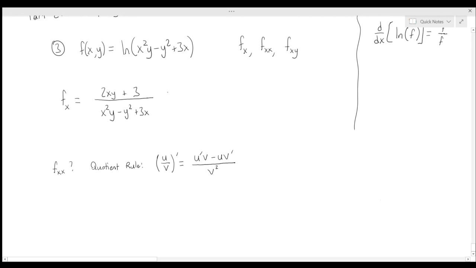My u is the numerator, my v is the denominator. For the derivatives, I'm going to do everything with respect to x because I'm looking for fxx. So ux, the partial derivative of the numerator with respect to x, is just going to be 2y, whereas the partial derivative of v with respect to x is going to be 2xy plus 3.